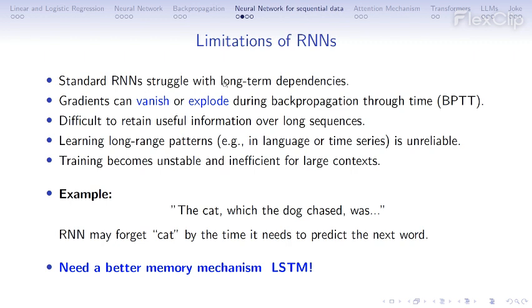So it struggles with long-term dependencies. For example, in a language model, when there is a longer sentence like "the cat which the dog chased was...", by the end of the sentence the model will forget that we were talking about the cat, right?